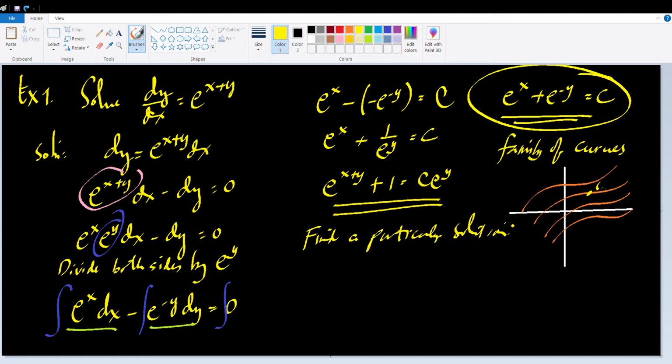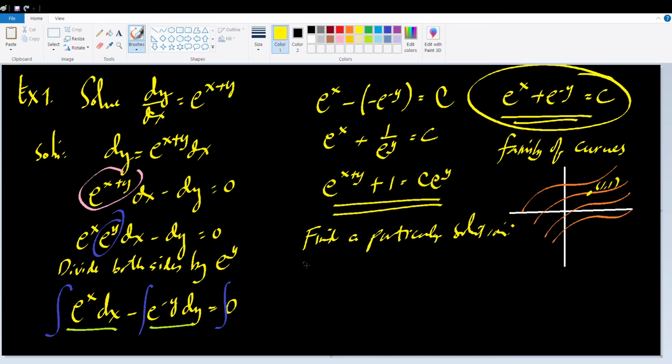So what we do is we simply substitute these coordinates, 1 for x and 1 for y, and we solve for c. Once we have determined the value of c, we plug it in to the equation to get the particular solution, or the equation of that member passing through the point 1, 1.